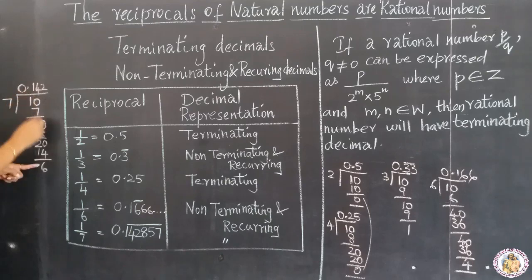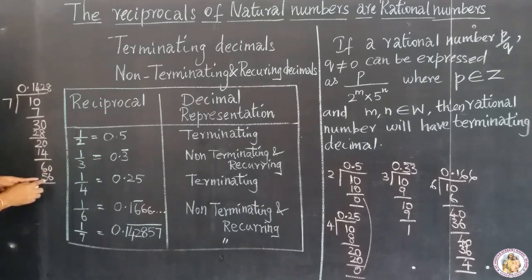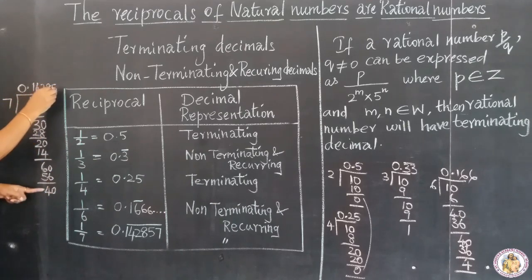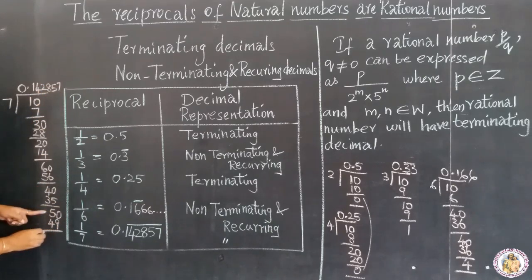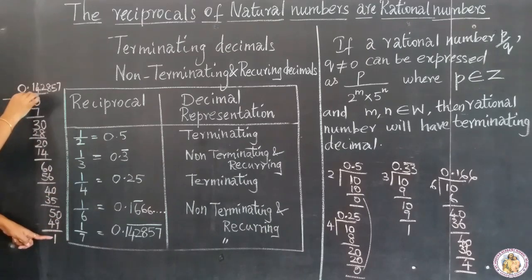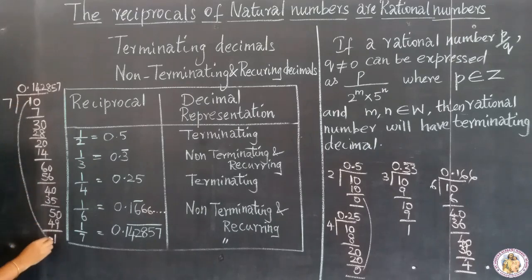Already we have the decimal, add 1 0. 8 7s are 56. 60 minus 56, 4. We don't have the next number, so add 0. 7 5s are 35. Remaining 5. Okay. And next, again you have to add 1 0. 7 7s are 49. 50 minus 49, 1. So we have come to the starting place itself.